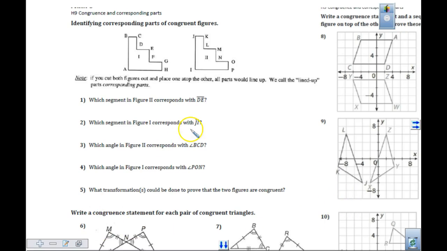All right, so in your homework, I think you're going to find it's the first page, and then the second page is going through number 10. This is where you have to kind of write your congruent statements, and they should be for today like 2-step ones. The first part is kind of like last night's homework. You're just telling me, oh, which is congruent to DE from figure 1 to 2.